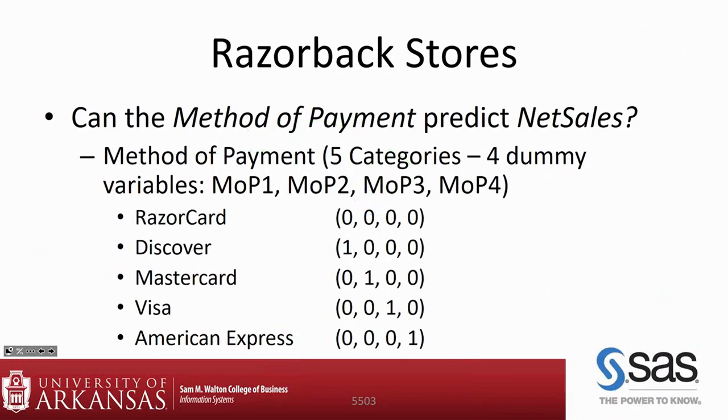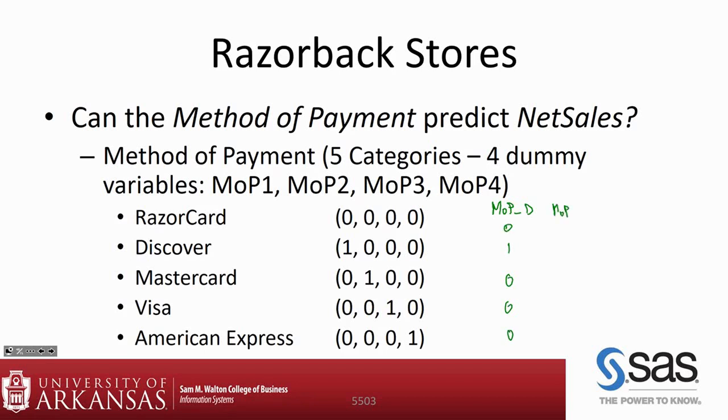All right. Moving on. Let's do some multiple stuff. So now we have a method of payment. So I actually have this set up, and it's written here, but I'm going to kind of make it organically too. So I have method of payment, and instead of doing 1, 2, 3, 4, I'm actually going to call this method of payment discover. And so discover is going to get a 1, and everything else is going to get a 0.